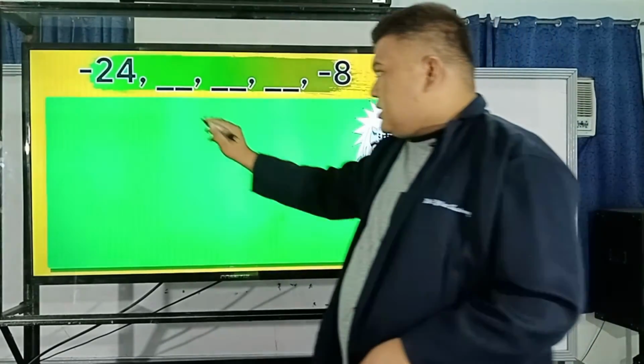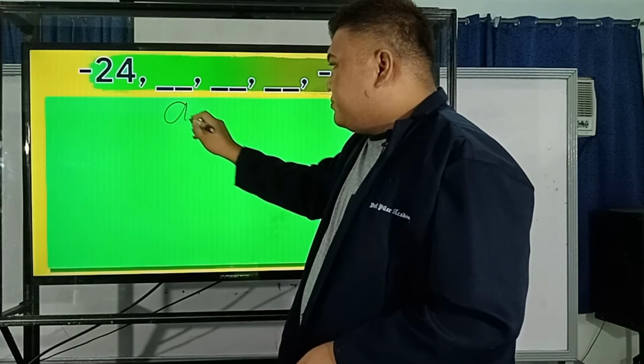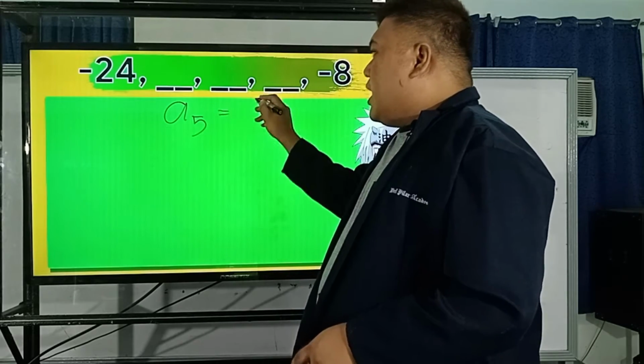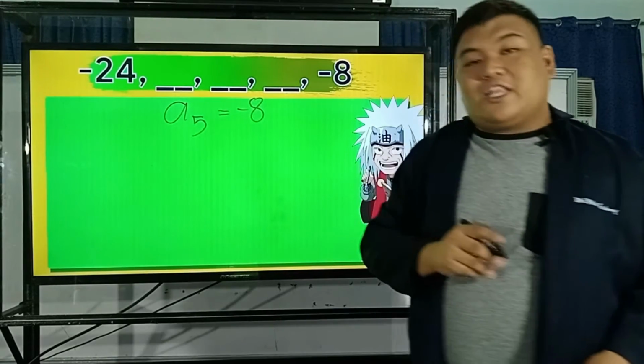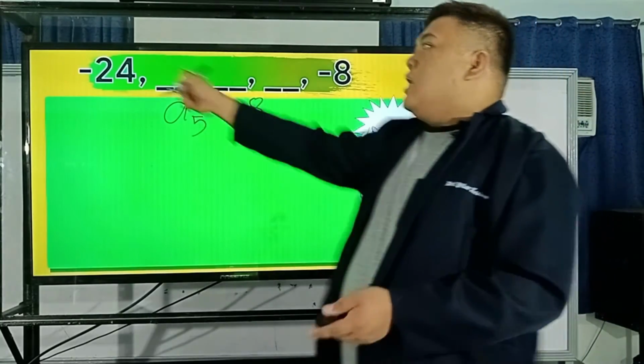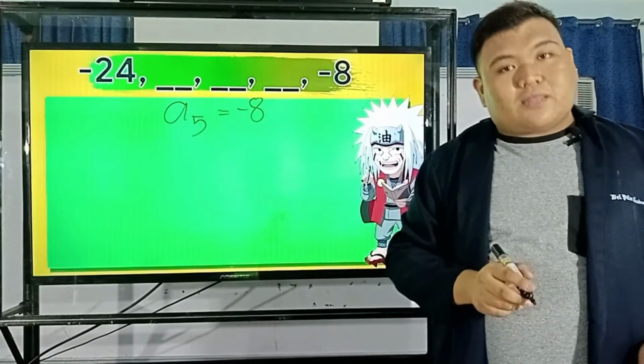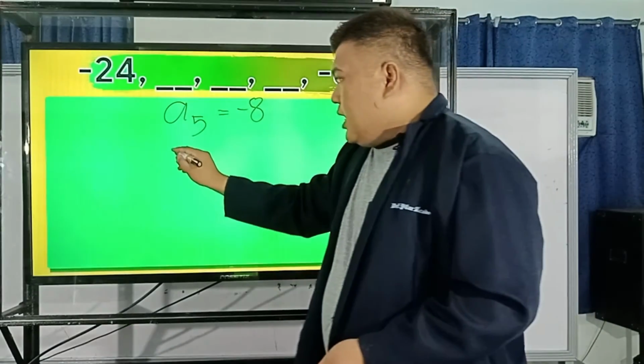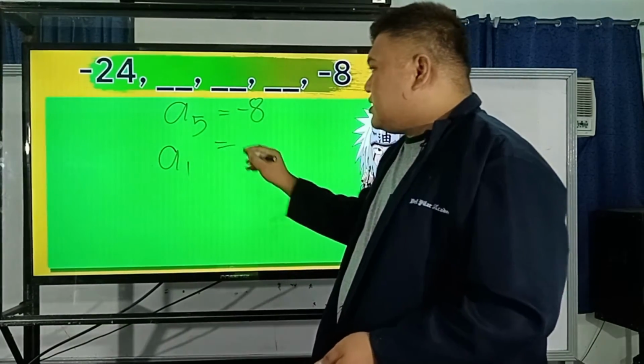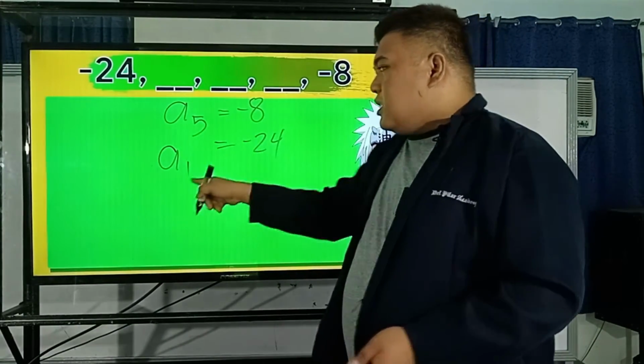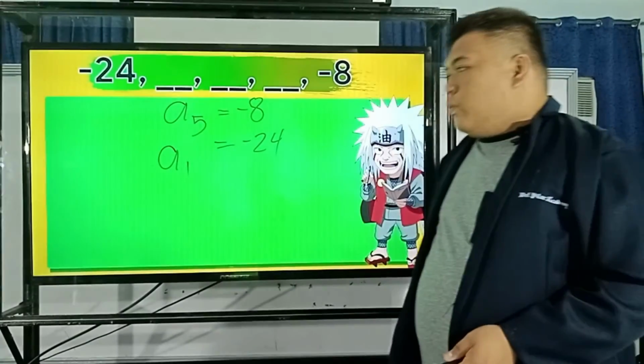Negative 8 is a sub 5, or the fifth term of the arithmetic sequence. And obviously, si negative 24 ay pang ilang term? It is the first term of the sequence. So therefore, it is denoted by 1.